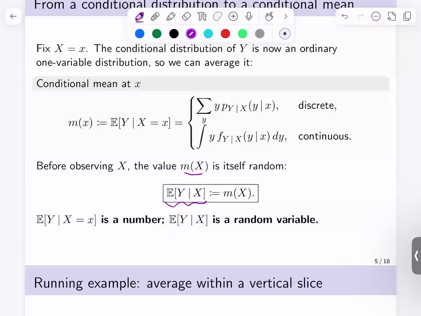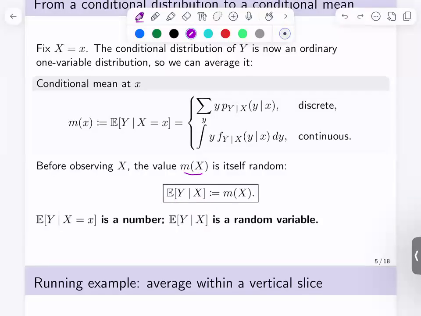Think of this conditional expectation if I replace the little x with capital X. First I calculated it for a particular x, and then I replace it with X. It is written like this. You might not be comfortable with this, but once you understand what it is, it makes a lot of sense.